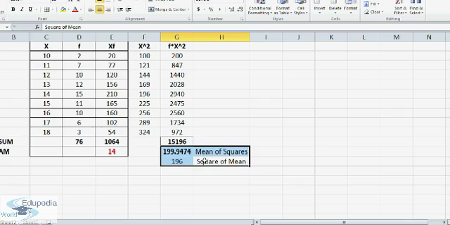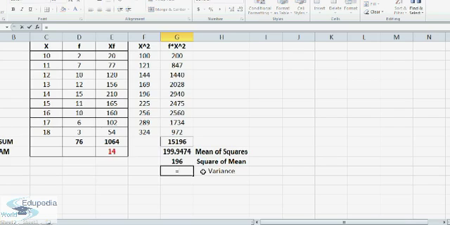Okay, and then to find the variance, it's simply the mean of squares minus the square of the mean, so that will be the value here minus the value here, and here we have the variance.